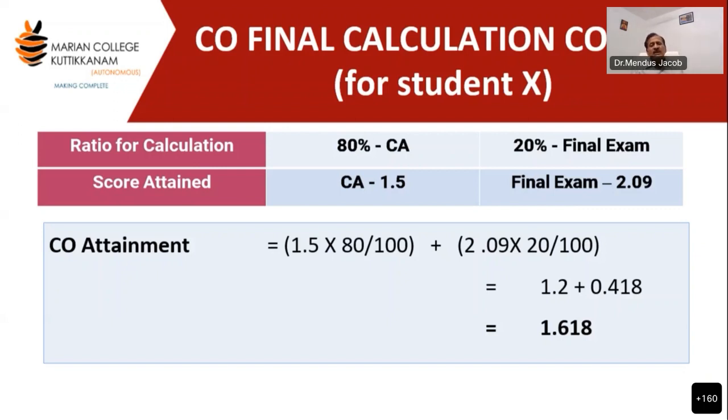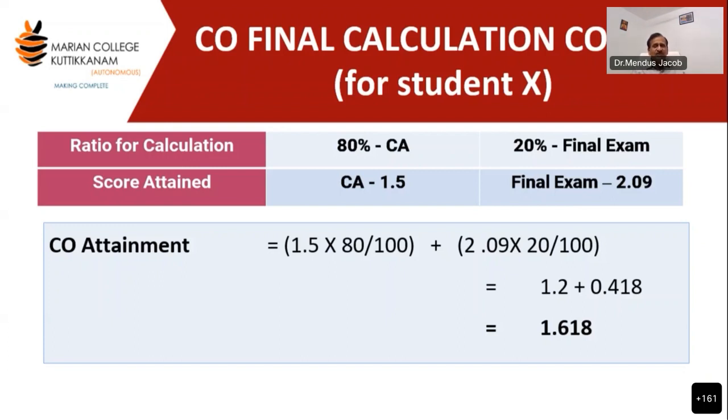Okay, so the institution can decide the proportion of continuous assessment and final exam for OBE calculation. I'm not changing the proportion of continuous assessment or the end semester examination. If it is 60-40, it will be like that.